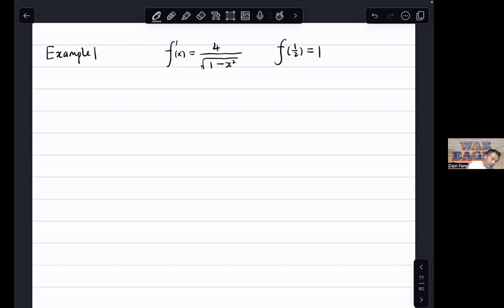So we want to find this function f such that these two conditions are satisfied. From f prime to f, we are taking the antiderivative. We are looking for a function whose derivative equals 4 over the square root of 1 minus x squared.